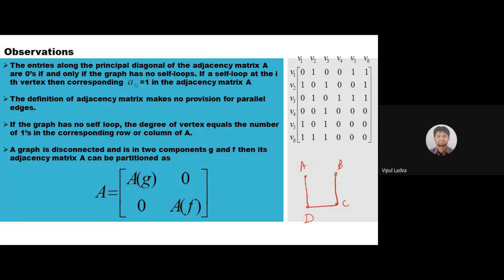This is a simple graph as of now, and if I give one more edge over there, then what will be the issue? What problem will you face? Hopefully you are getting this.